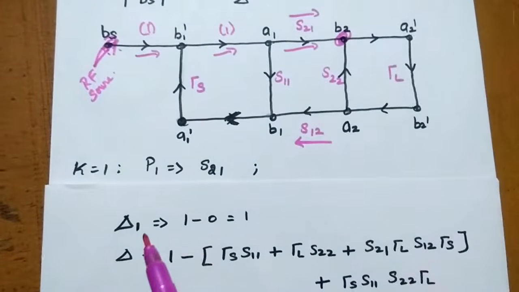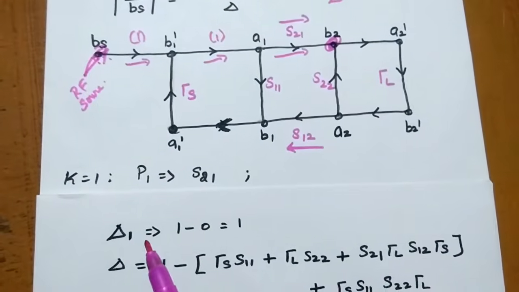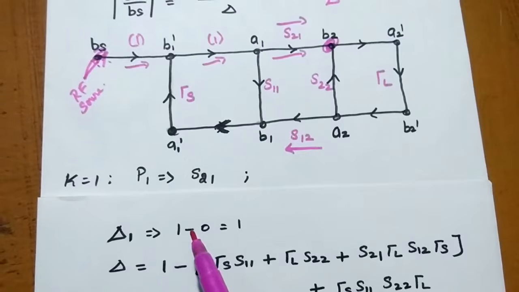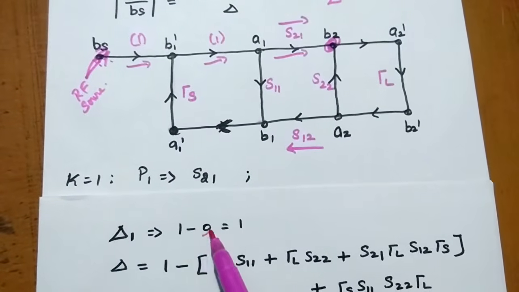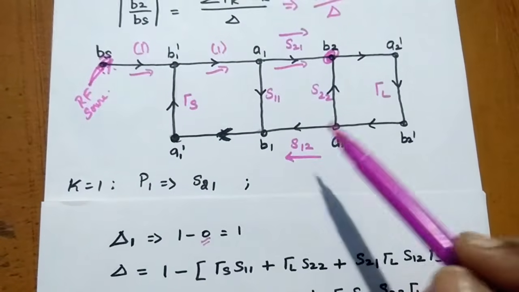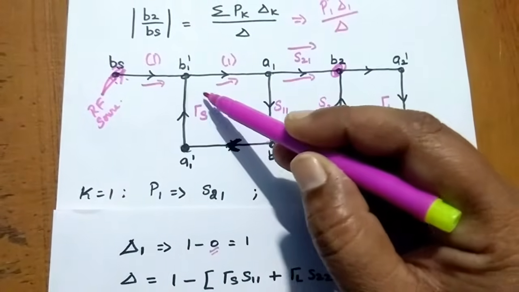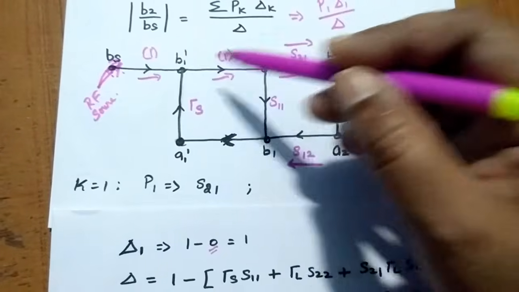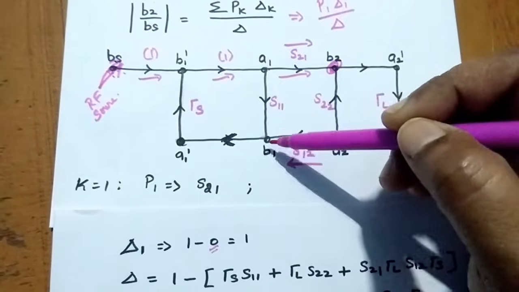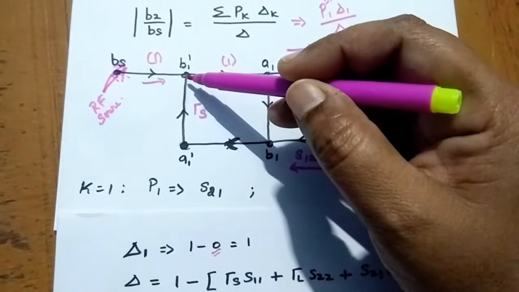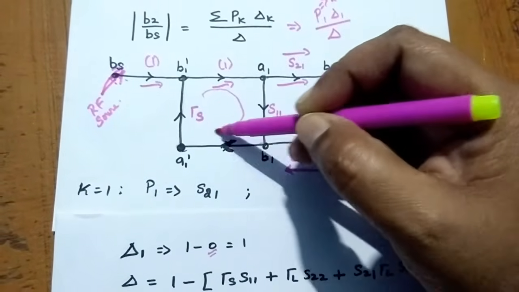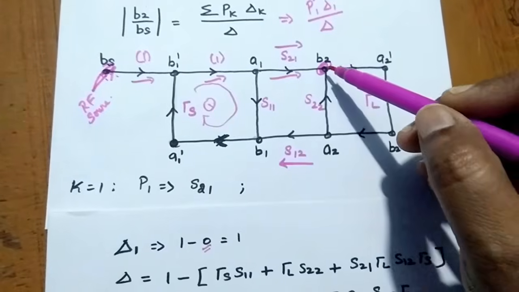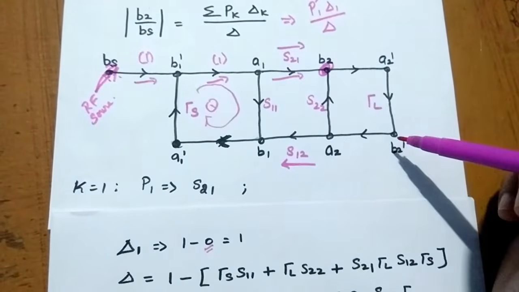Next we are going to find the delta 1 value. Delta 1 is equal to 1 minus the gain of the loops which do not touch the forward path. Here is one complete loop, starting from B1' and returning to B1': B1 to A1, A1 to B1, B1 to A1', and then B1'. Then there is another loop, B2 to A2, A2 to B2.